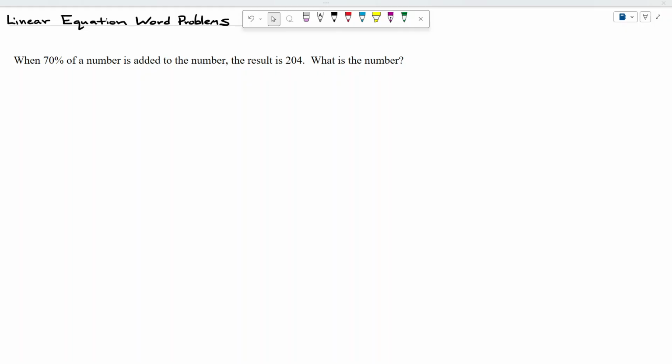I can't stress enough the key is that we need to make sure that we're reading the problem and understanding exactly what it's asking and what it's asking us to solve for. That's going to be the biggest part, that we get the equation itself set up properly with what it's asking, because the math itself isn't going to be overly hard.